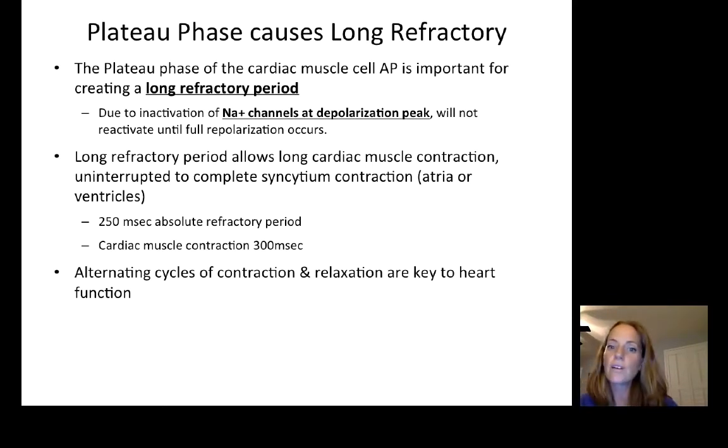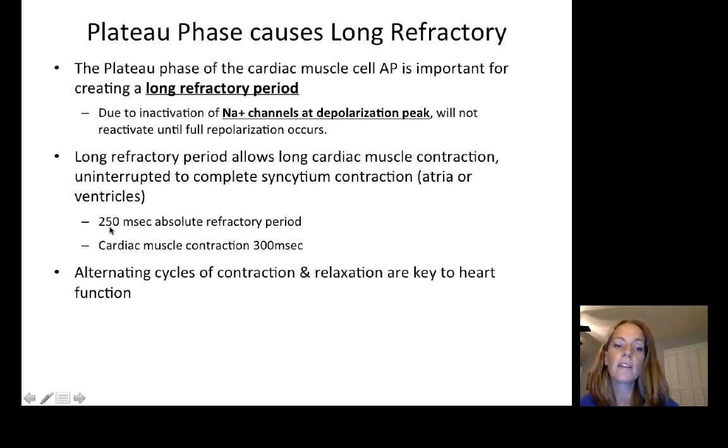I haven't shown you the cardiac muscle contraction yet, but suffice to say, it needs a long period of time to complete. So you have a very long refractory period in the cardiac muscle cell to allow the completion of the cardiac muscle contraction before a new action potential can be regenerated. So the absolute refractory period in cardiac muscle is very long.